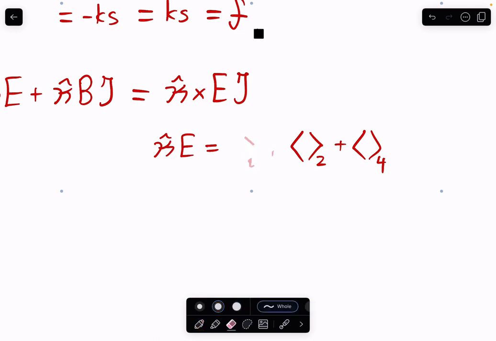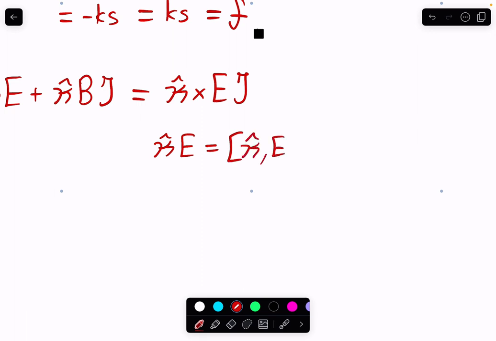Well, the traditional notation in this framework would be to say this, which is equal to kappa cross E I, this right here.